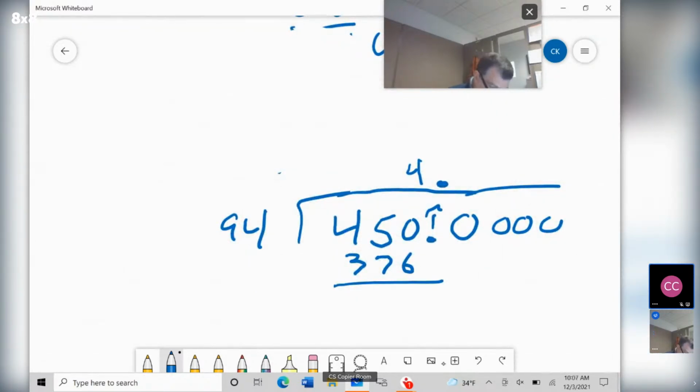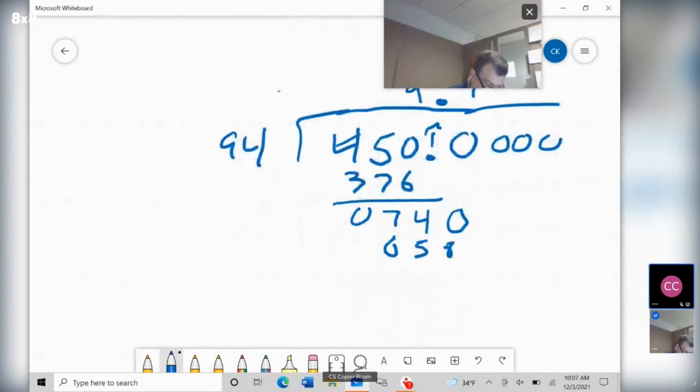We get 4, 7, and that's 0. So we bring down another 0. Now, how many times does 94 go into 740? We're going to go 7 times, and that's 658. And you're going to have 82 left over.